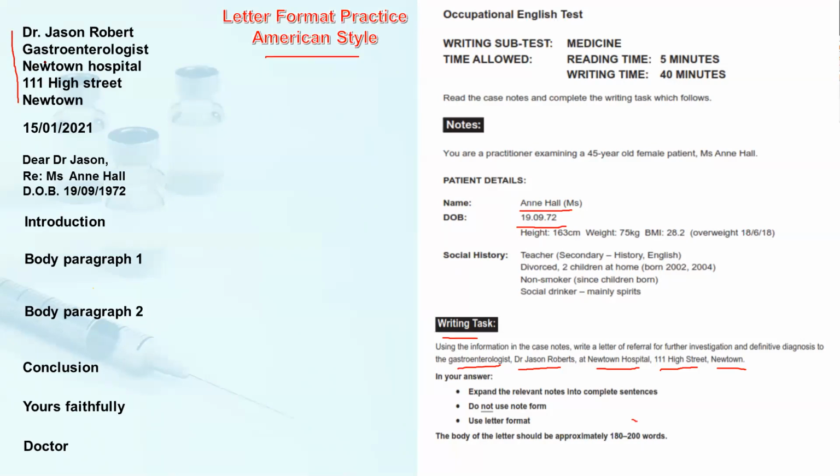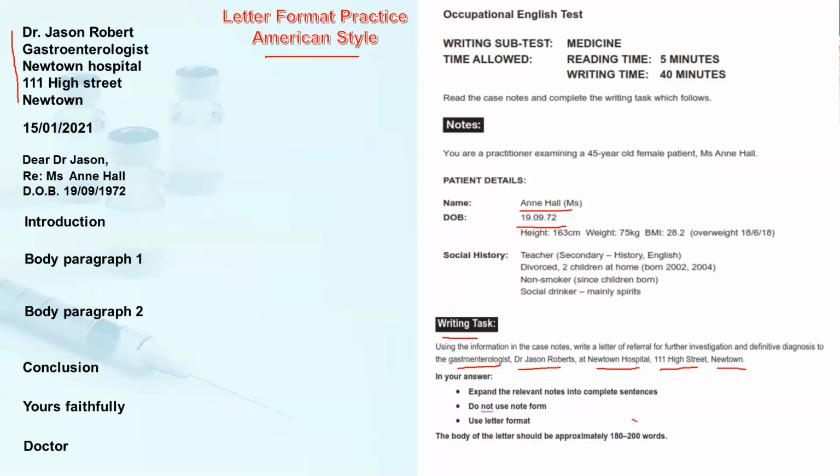In the address, do you see any mistakes here? I think no, there is no mistake. No, this is incorrect. If you remember, regarding the address item, I said you have to capitalize all words in this address and not include any punctuation.